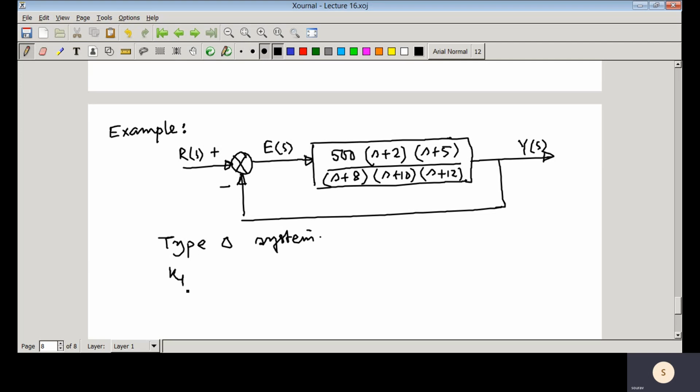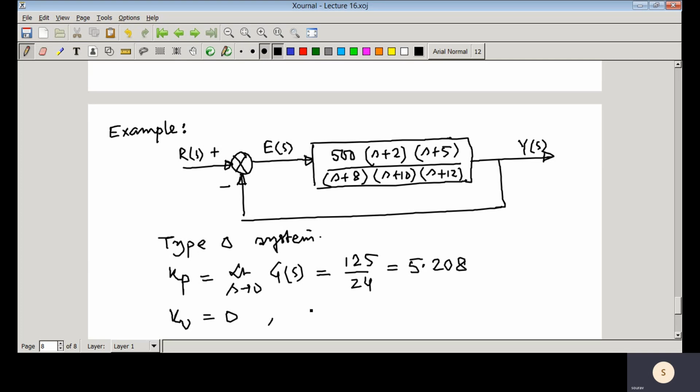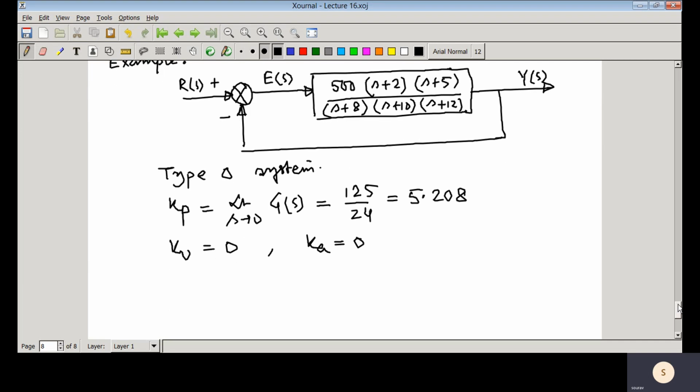Whenever it is a type 0 system, Kp would be finite, and if you put the limit s tends to 0 of G(s), you would get 125 by 24, that is 5.208. The Kv value, if you calculate, is 0, and Ka is also 0.